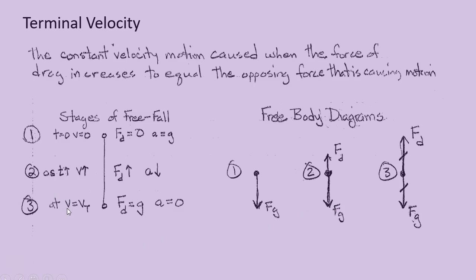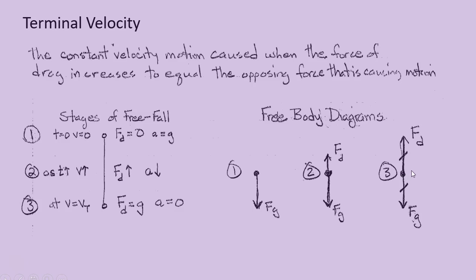So as it gets faster and faster, the drag force gets larger and larger, and eventually the drag force equals the force of gravity. And when that happens, the net force vertically is 0, and we have no acceleration, so our gravity force and our drag force are balanced, and we have constant velocity. In this condition, we use the term terminal velocity.